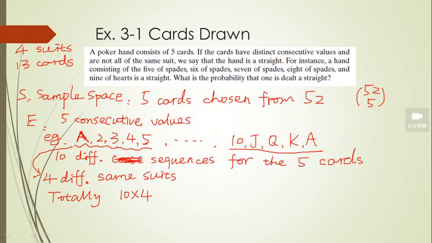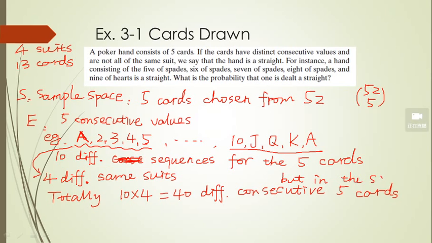If all those 5 cards are in the same suit, they are not called a straight. So 40 different consecutive 5 cards, but in the same suit.